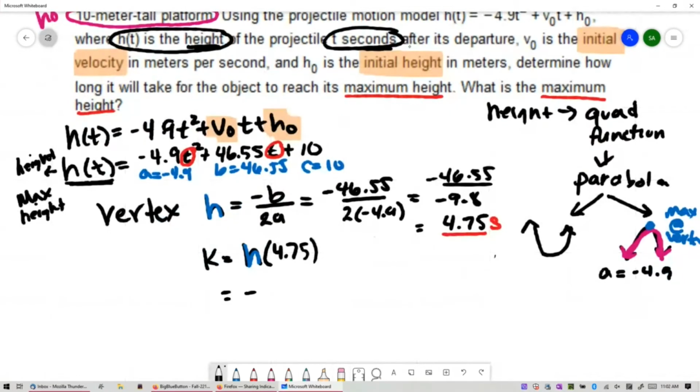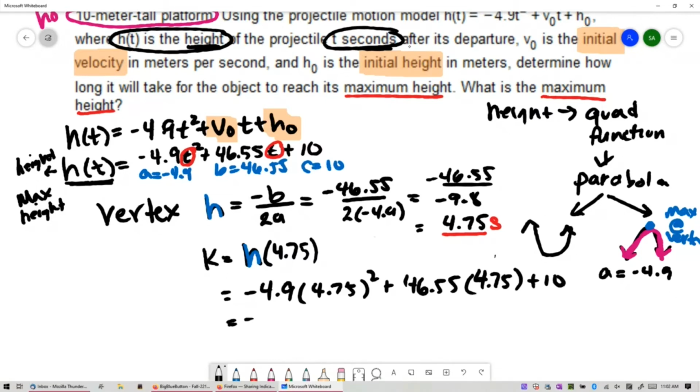That's negative 4.9, and 4.75 squared is 22.5625.